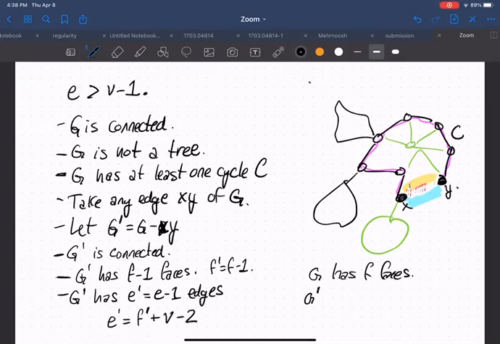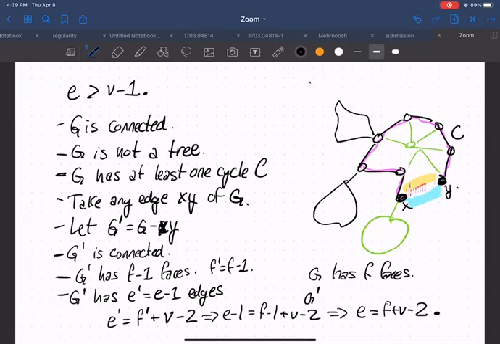So that's what the inductive hypothesis tells us. But now, what was E prime? Oh, E prime was just E minus 1. What was F prime? Well, that was just F minus 1. The minus 1s cancel out, and so what we get is E is equal to F plus V minus 2.